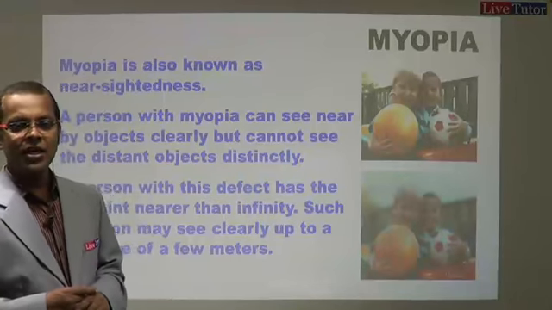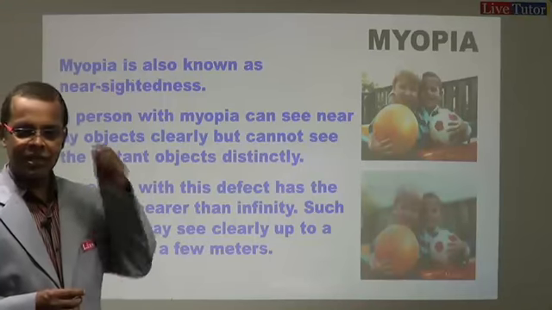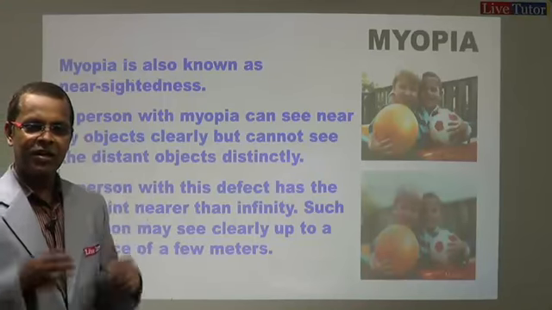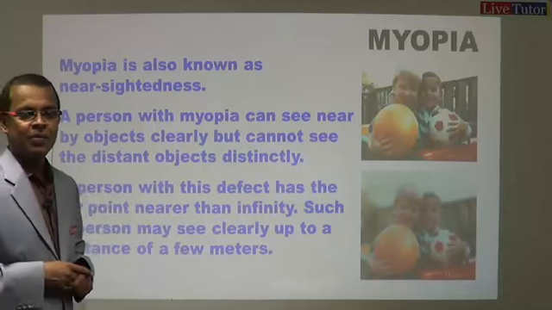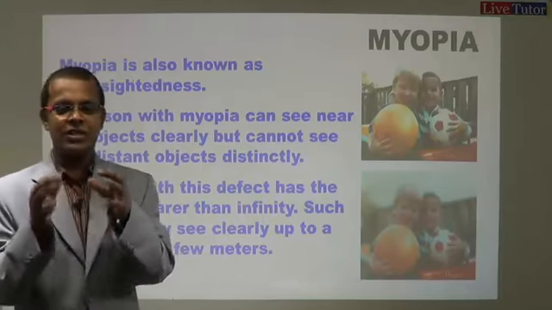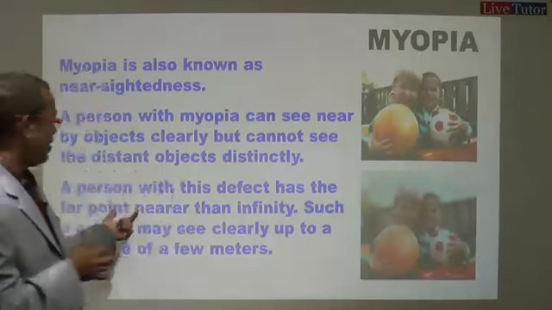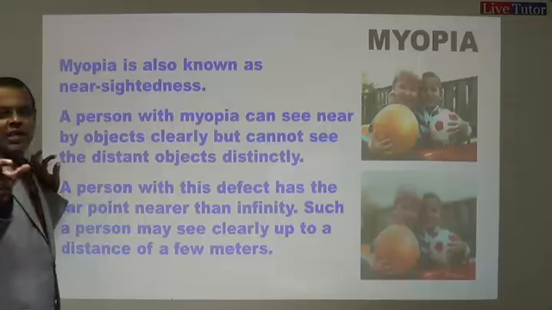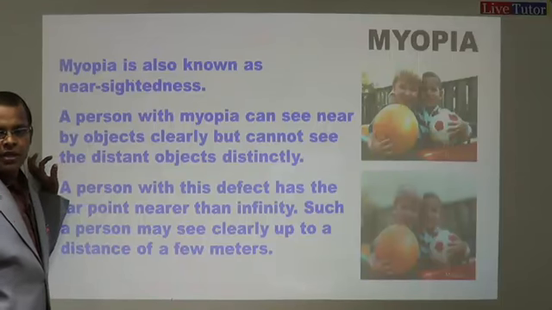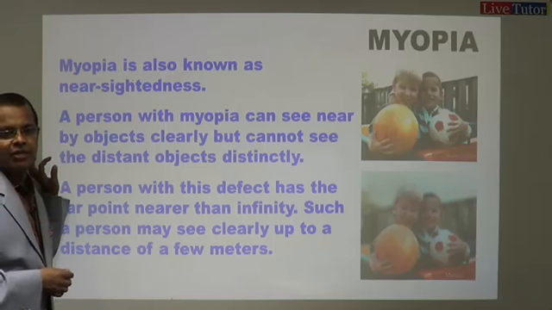What do you say to that? Is it possible to have a point which is nearer than infinity? A person who has got this defect has the far point nearer than infinity. Actually, we have seen that the near point is 25 centimeters and the far point is infinity, isn't it?